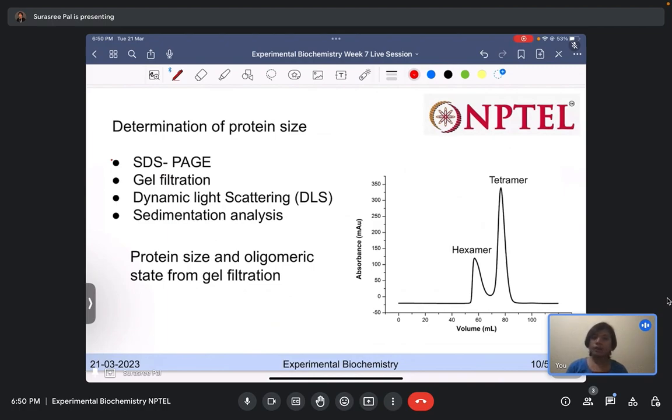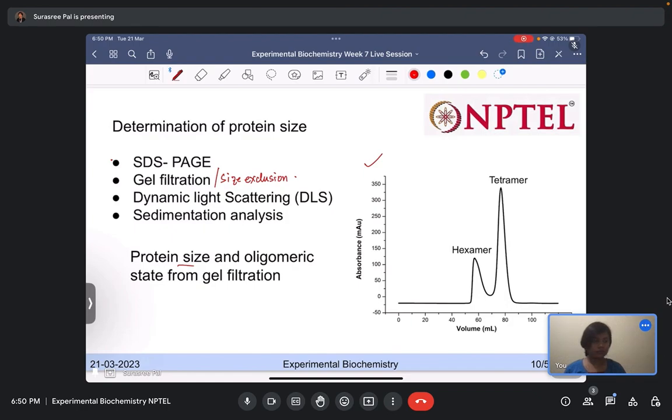Now there is another method, which is gel filtration or size exclusion chromatography that I was talking about earlier. By size exclusion we can know the oligomeric state of the protein and the size of the protein. How do we determine that?